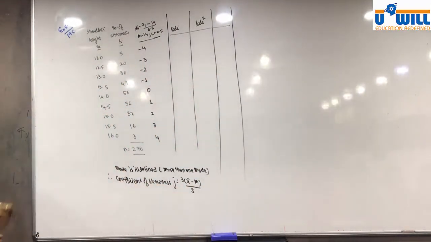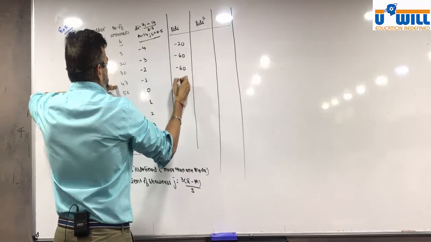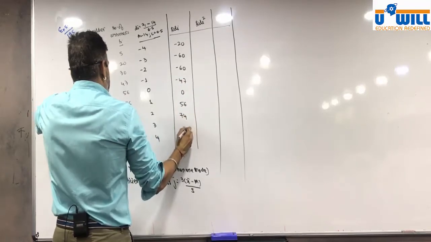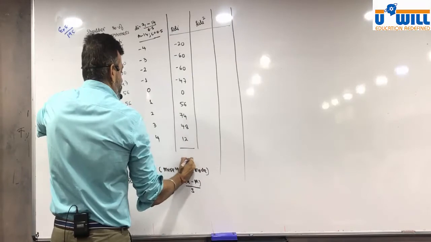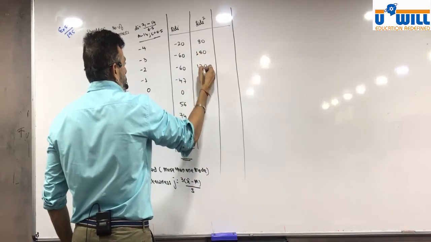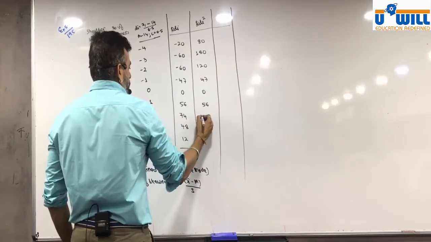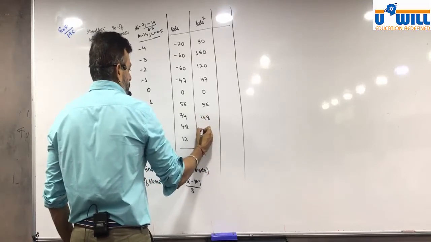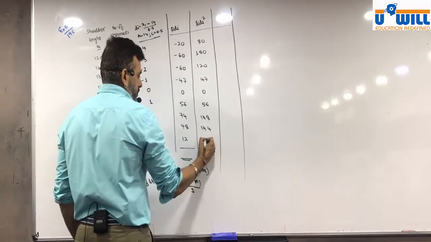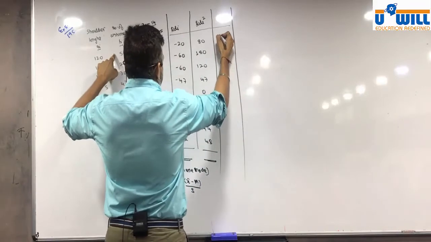It is needed for the median. So find out the columns. C fi. Fine.